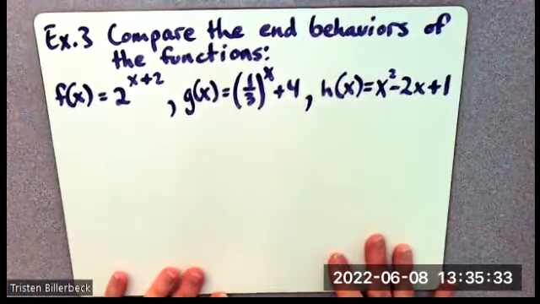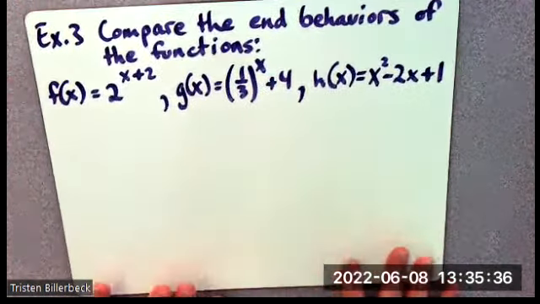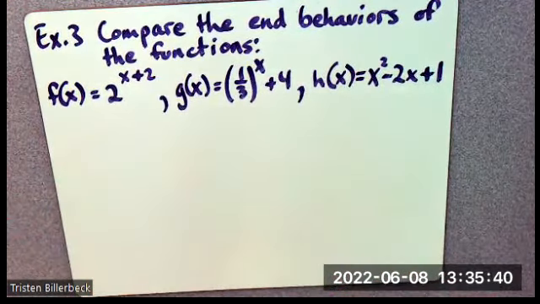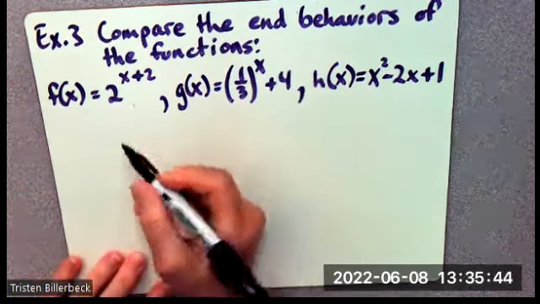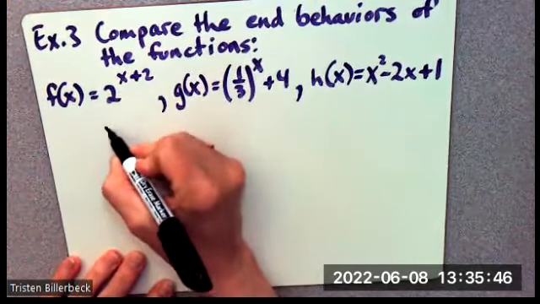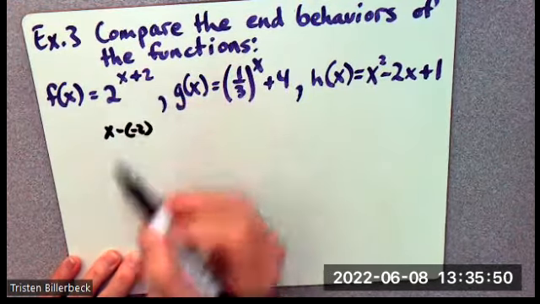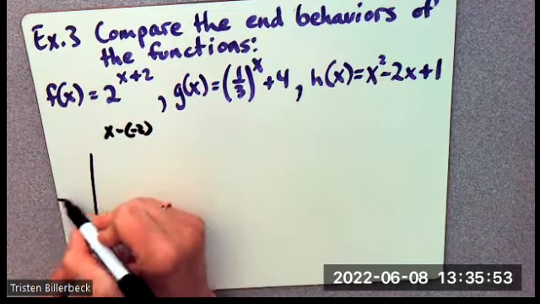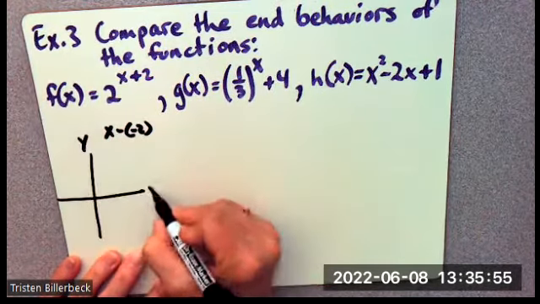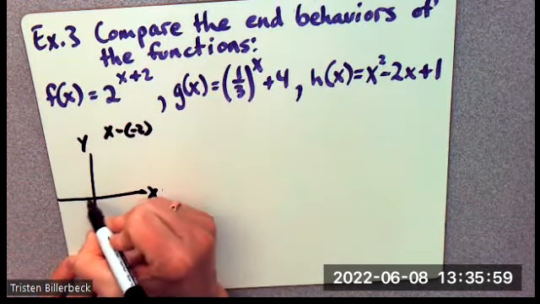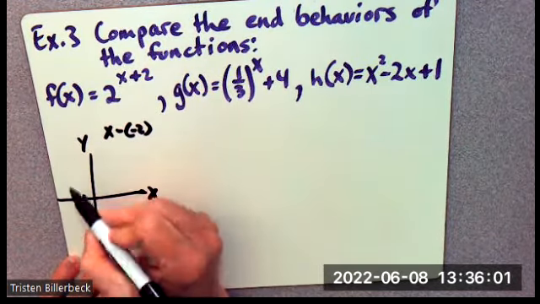All right, this wants us to compare the end behaviors of the functions. So let's just do some brief sketches. So this particular one, we have the x minus negative 2, that makes that a plus. So if we look at y and x, that's shifting it to negative 2 right here.